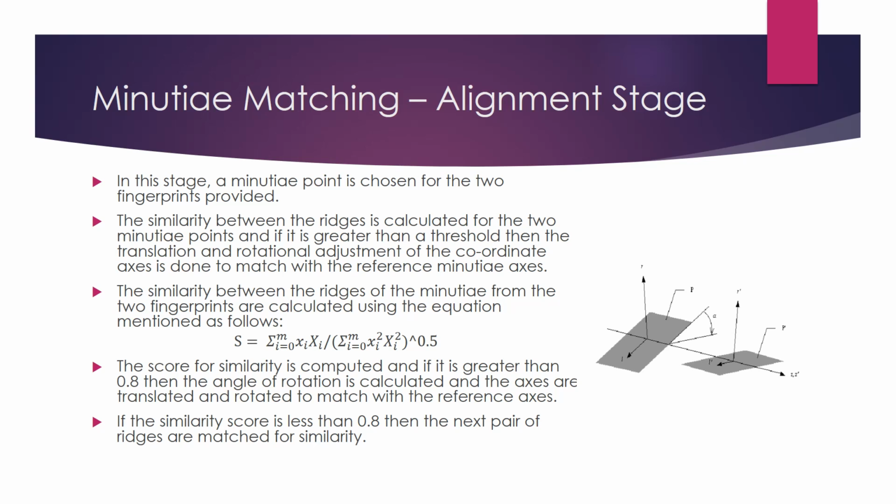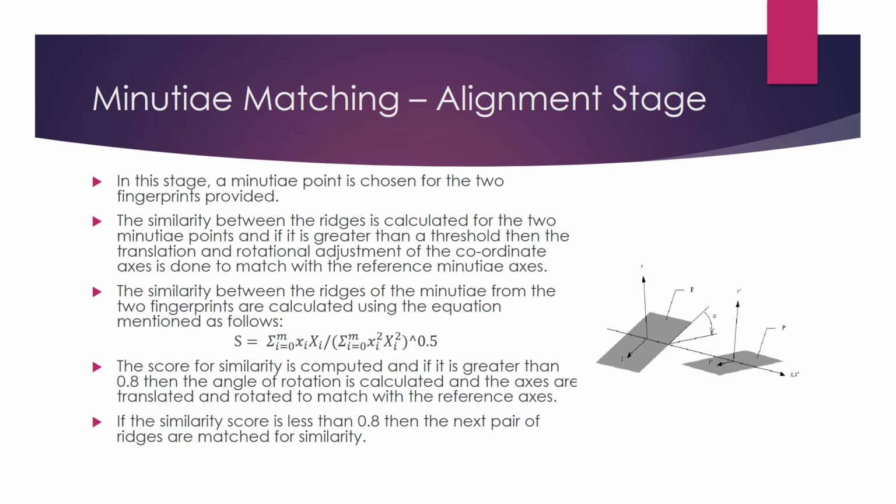In this stage, a minutiae point is chosen for the 2 fingerprints provided. The similarity between the ridges is calculated for the 2 minutiae points, and if it is greater than a threshold, the translation and rotational adjustment of the coordinate axis is done to match with the reference minutiae axis. The similarity between the ridges of minutiae from the 2 fingerprints is calculated using the equation mentioned below.